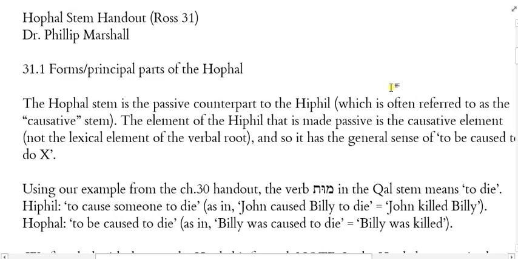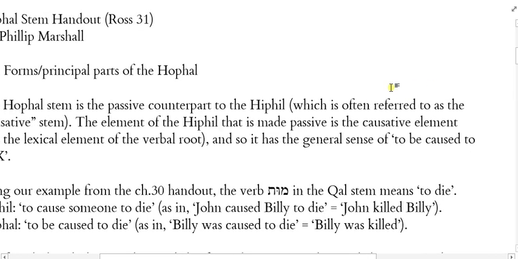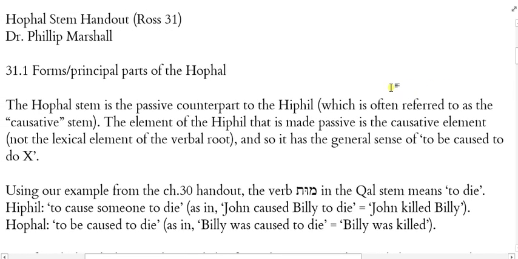Now this used to really confuse me, okay? The Hiphil has two elements to it. There's the subject in the Hiphil causes, and causes someone to do. Okay, so there's a causing and a doing. The doing represents the three root letters.